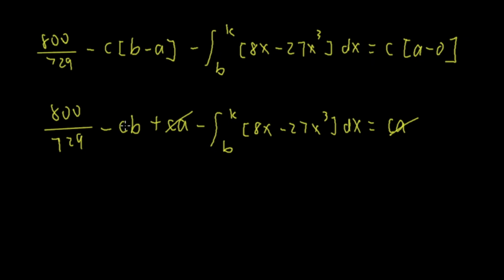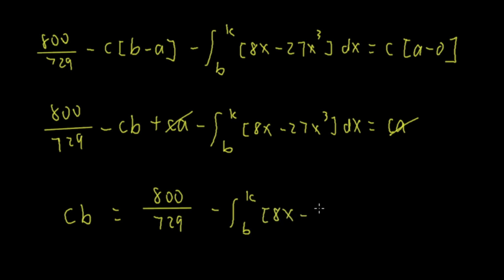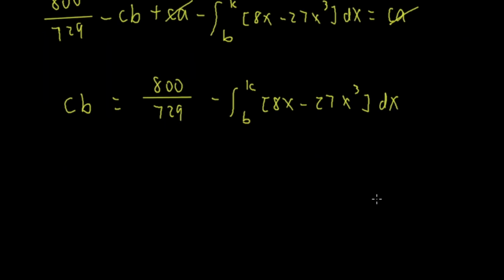And I will move minus c times b to one side. So it becomes plus, right? So now c times b is equal to this minus this. To isolate c, divide both sides by b.